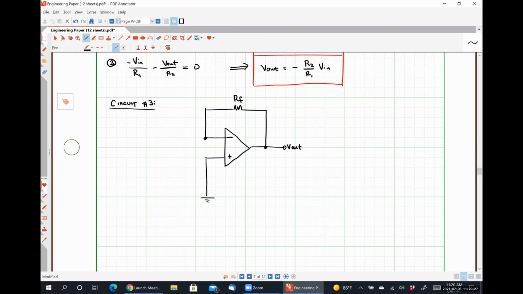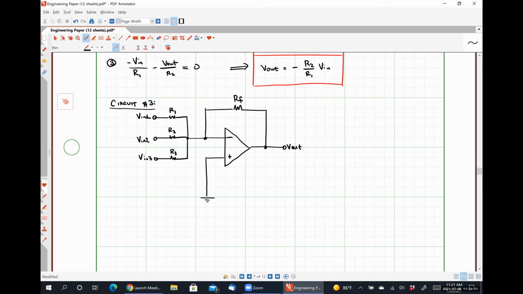So at this point, it looks practically identical to our inverting amplifier. So the change that we're going to make is this guy. Call this guy R1, this guy R2, this guy R3. And I'm going to apply some input voltage Vn1 here, an input voltage Vn2 here, and an input voltage Vn3 here. All right.